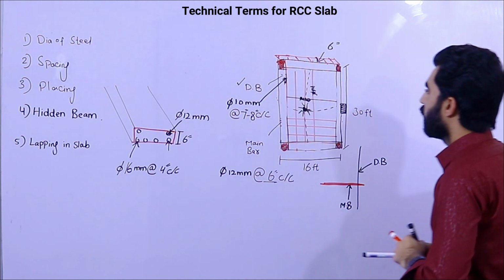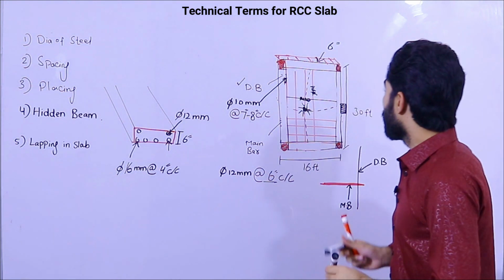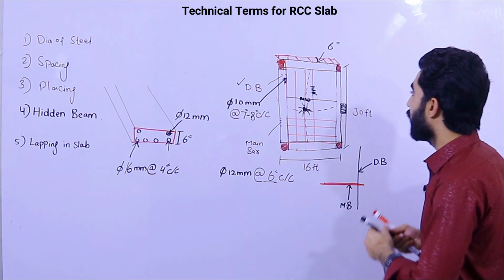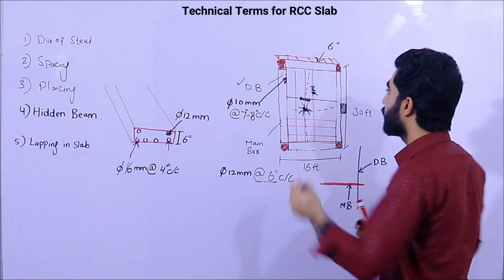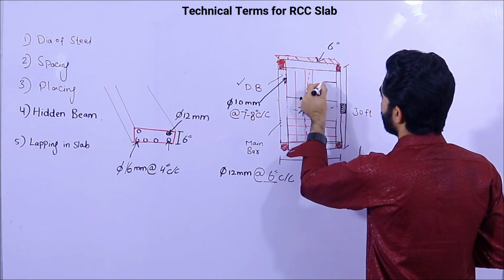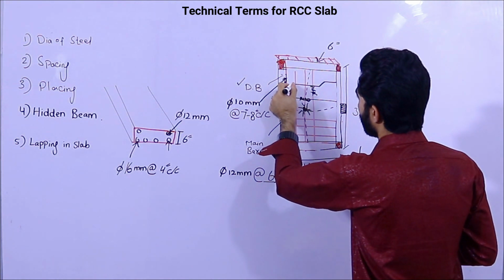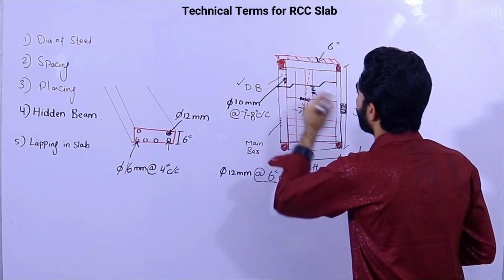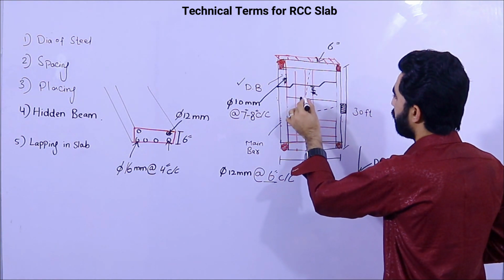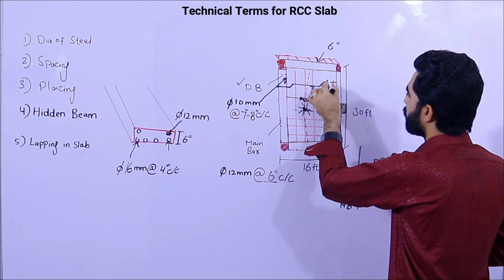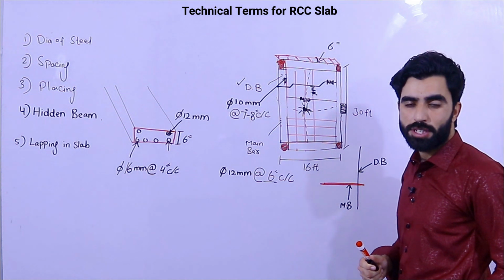Now remember guys, the lapping should not be provided at the mid, and also not within L/4 distance. Here we should provide the crank bar or bent up bar, like this. So guys, don't provide the lapping length at the mid, and also not at these places, because here we have maximum shear stresses at the end of the support.